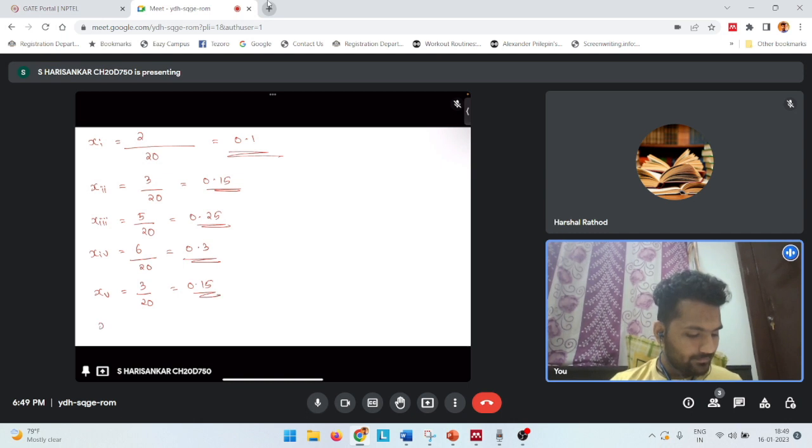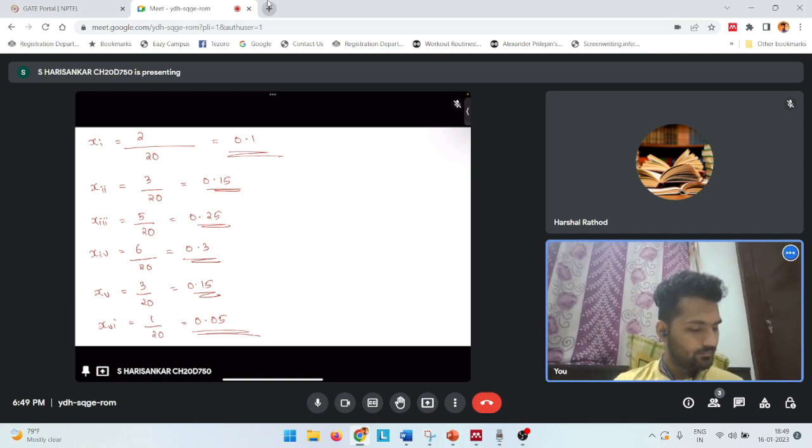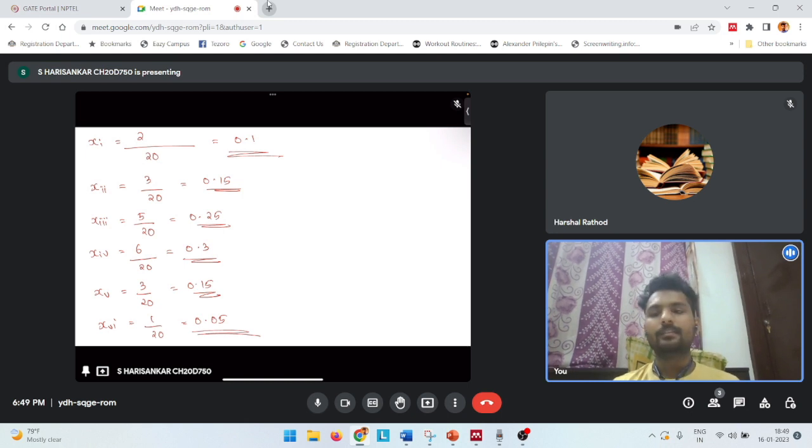And X6 will be 1 divided by 20, and that is 0.05. Now we can also check this by taking the sum of all these mass fractions and seeing if the sum becomes 1. So 0.1 plus 0.15 plus 0.25 plus 0.3 plus 0.15 plus 0.05 will be equal to 1. So the mass fractions that we have obtained here are right.